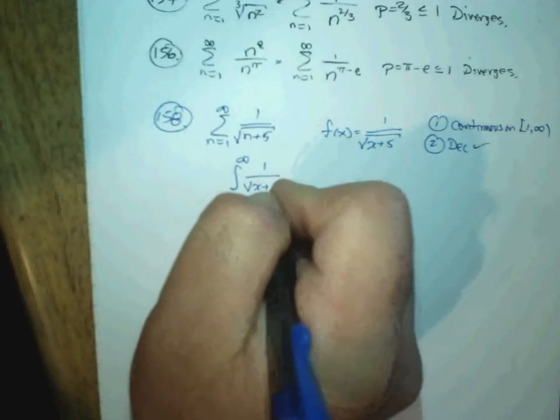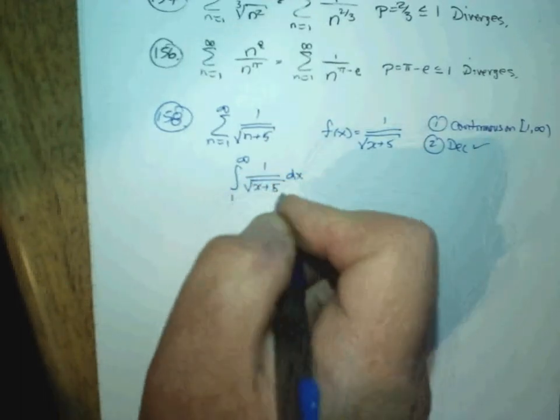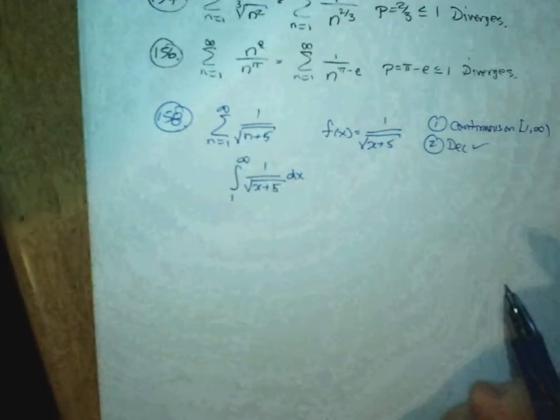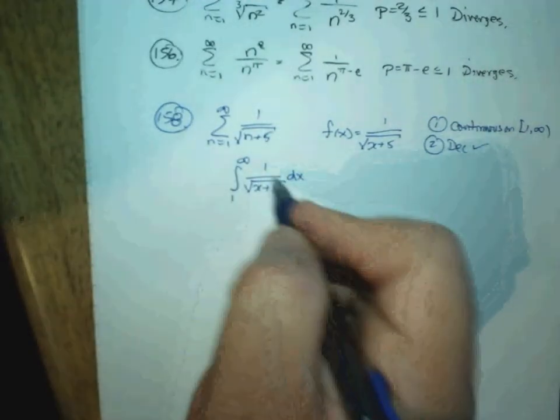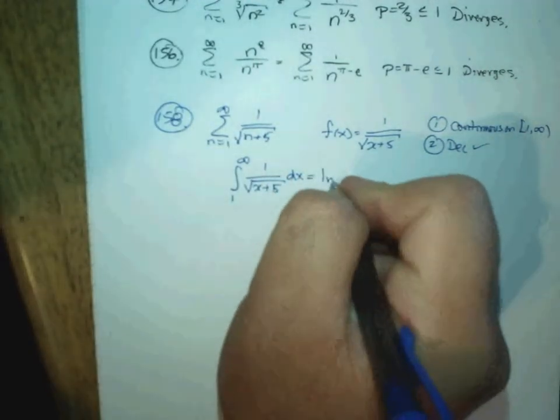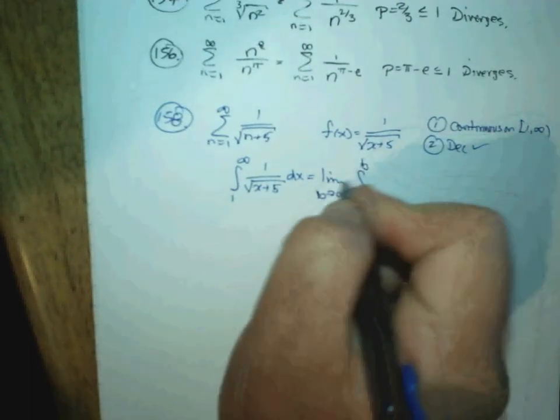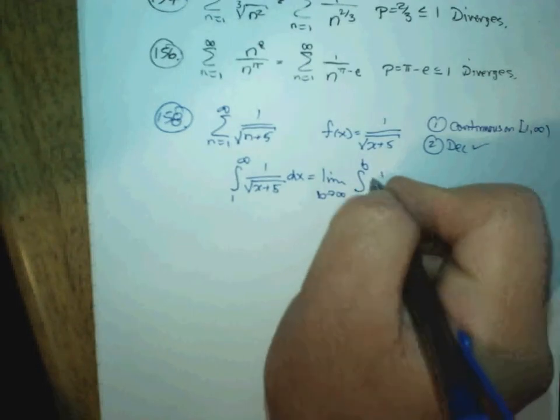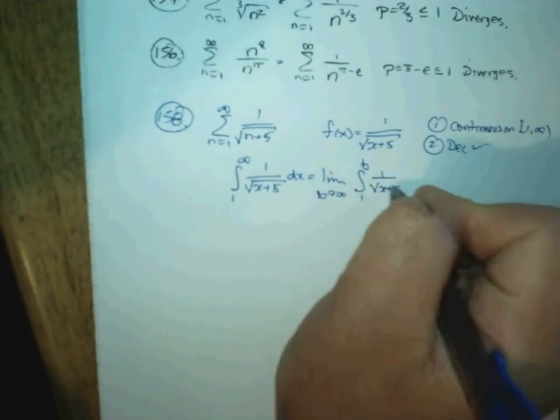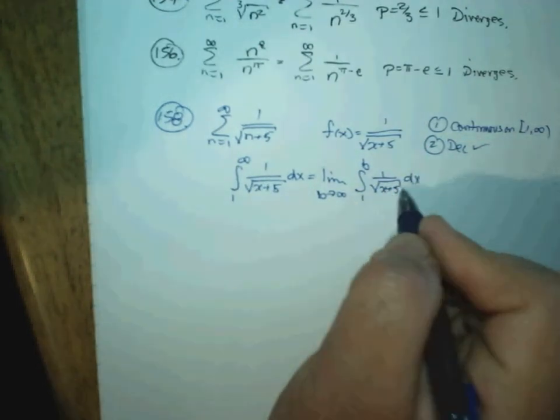All right, so what that tells me is this improper integral is going to determine the behavior of this infinite series. And so I have to analyze this, and so of course we have to write this formally as a limit process to handle that impropriety of infinity.